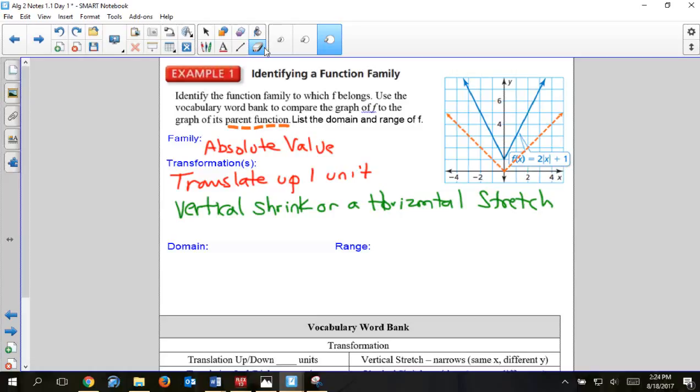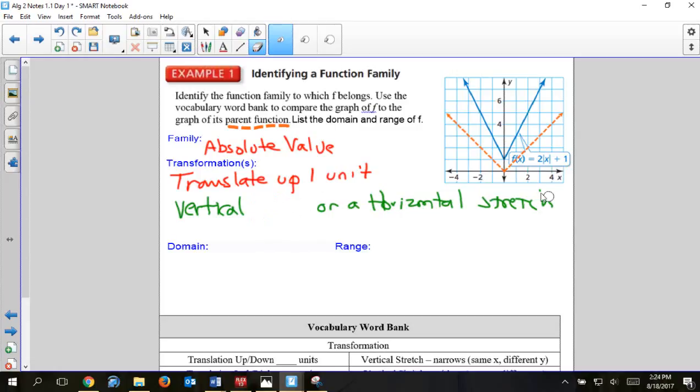Backing it up. From the orange one to the blue one. You were thinking the other way, weren't you? From the orange one, from the parent to the baby, other way. It got narrower. So it's a vertical, let's try that again, vertical what?